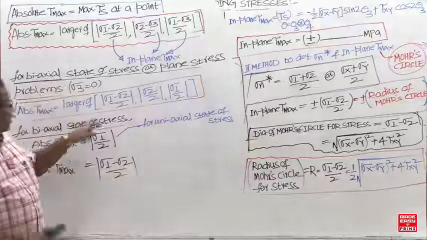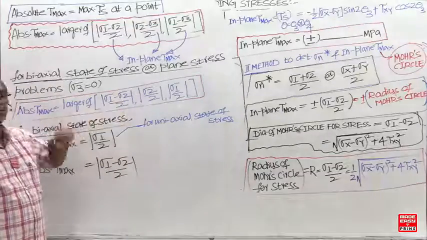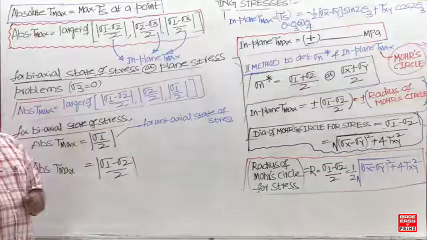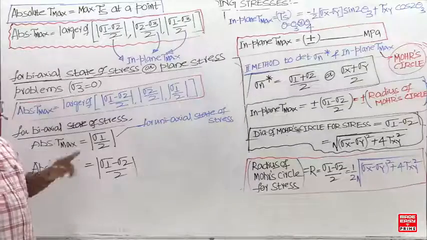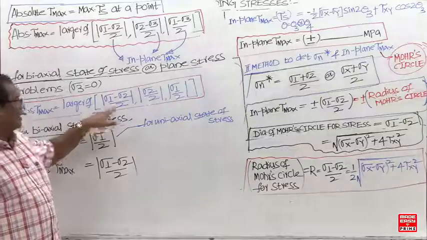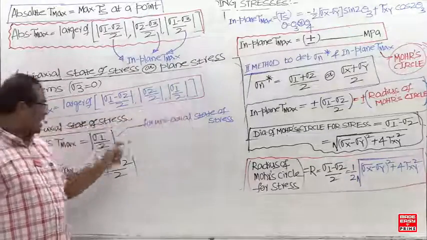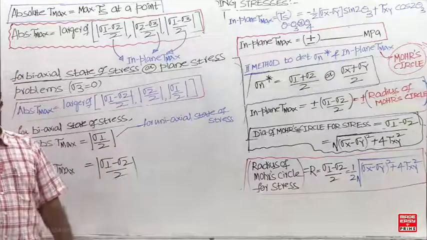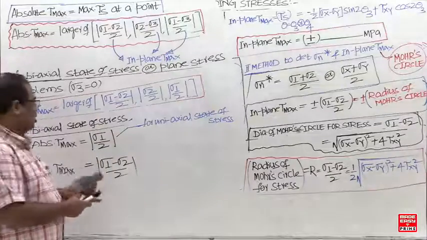You can also write this for uniaxial. For uniaxial, which ones do you make 0? Sigma 2 and sigma 3 both are 0. Then this will become sigma 1 by 2, 0, sigma 1 by 2. So which is the larger? Sigma 1 by 2.